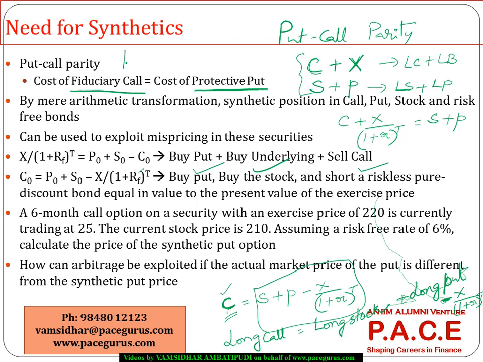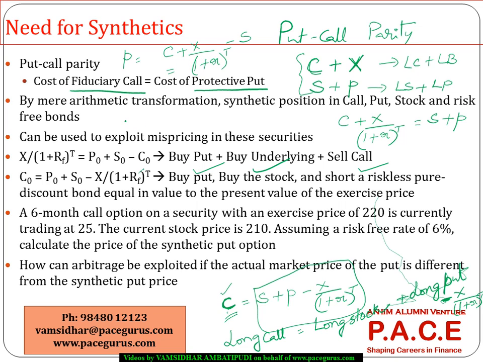Similarly, if I want the put option, I can create it as P equals C plus X by 1 plus R to the power T minus S, which means I can synthetically create a put option by going long on the call, buying a bond and shorting the stock. So this position will synthetically create a put option position.